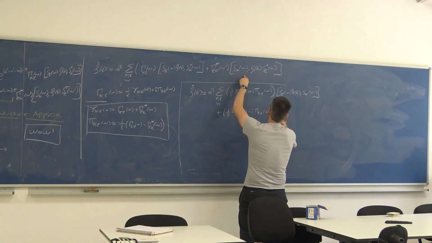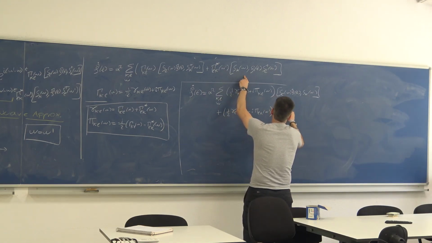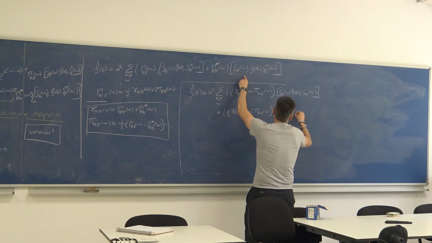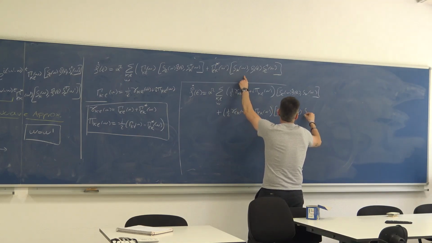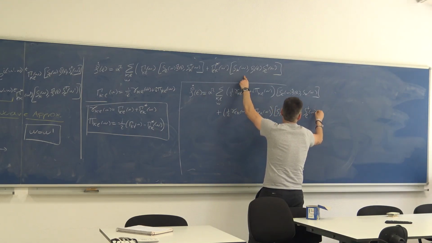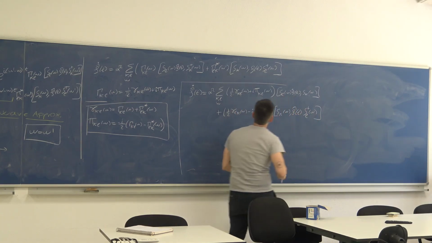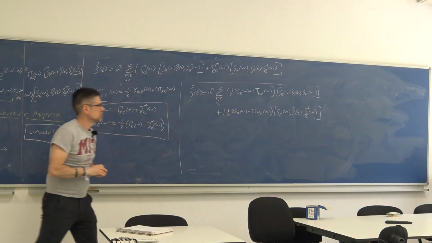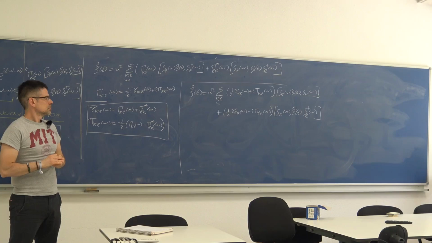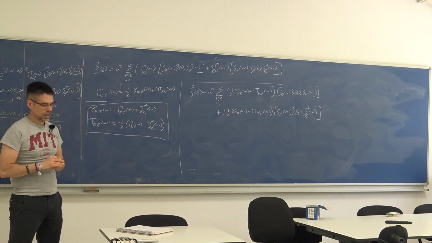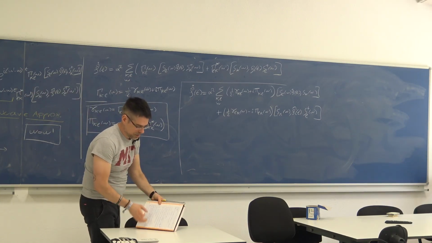The second commutator that is here is Sk of omega rho t Sl dagger of omega. Okay, very nice expression.